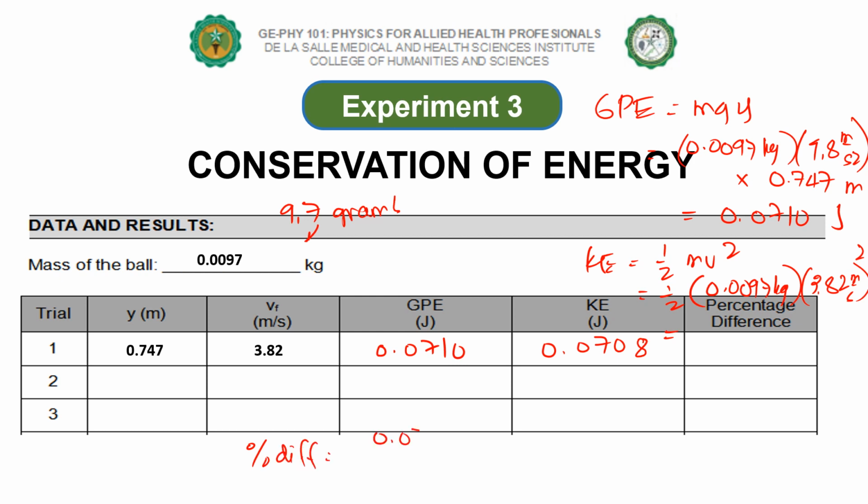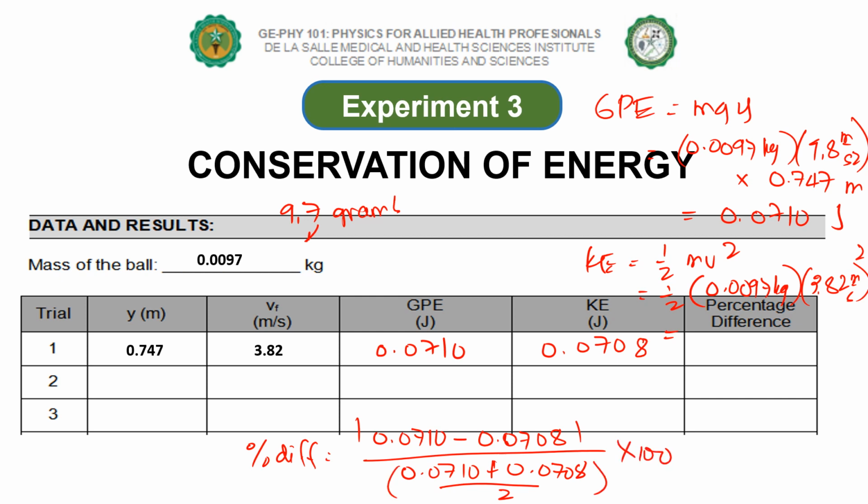This is simply the absolute value of 0.0710 minus 0.0708, over the average, which is 0.0710 plus 0.0708 divided by 2, and then multiplied by 100.